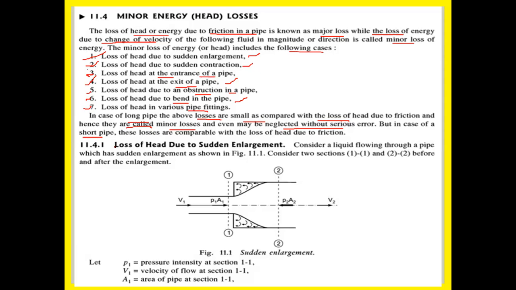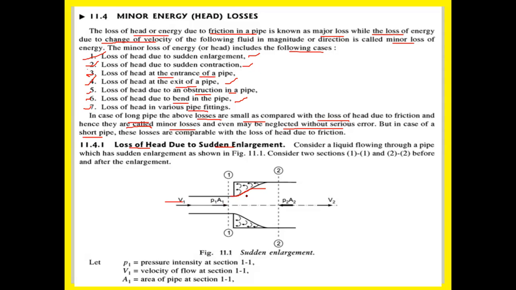Now we'll see in the next class the loss of head due to the sudden enlargement. If you see the figure here, the sudden enlargement. Here is the pipe, and at some point the pipe diameter is increased. The velocity v1 is flowing at some speed and discharge, with pressure p1 in the area a1.